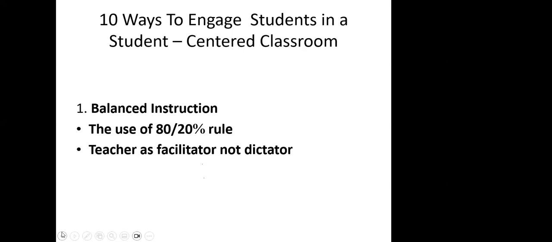How can we employ it? Just by the use of the 80/20% rule, that the students should participate in the learning, should engage about 80%, and only 20% of the teacher should be participating in the learning process.